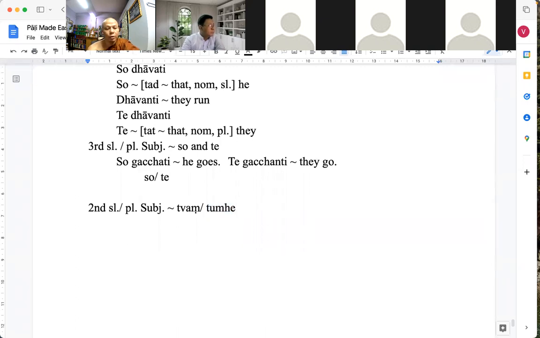So that is why the verb dhavasi alone also can mean you, singular, run. But if we want to put a subject, at that time, tvam dhavasi.